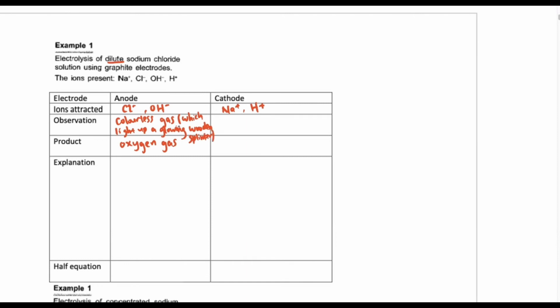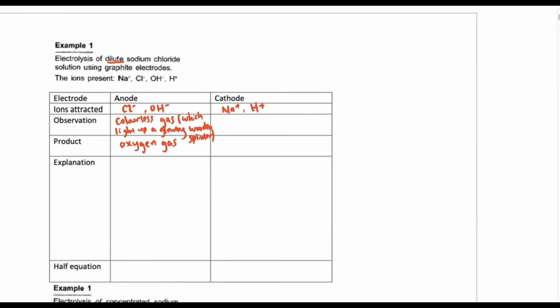You can put more details for the observation, or else just put colorless gas. Oxygen gas is a colorless gas. But there is more than one kind of colorless gas, so to make it clearer, you say the colorless gas which relights a glowing wooden splinter. So that makes burning happen.